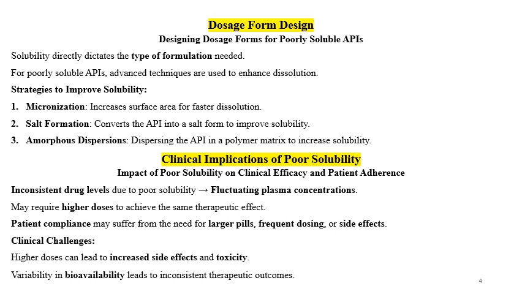That's why pill burden increases, which leads to poor patient compliance. Clinical challenges: higher doses can lead to increased side effects and toxicity. Variability in the bioavailability leads to inconsistent therapeutic outcomes. So, for a better therapeutic outcome from the treatment, and to improve patient compliance and adherence to the treatment, solubility has a great role.